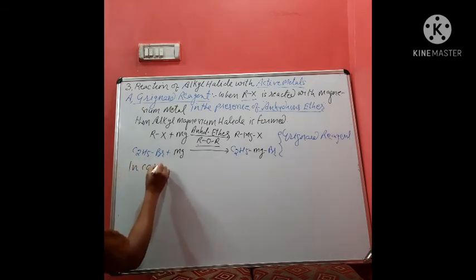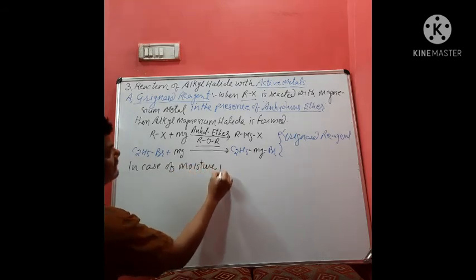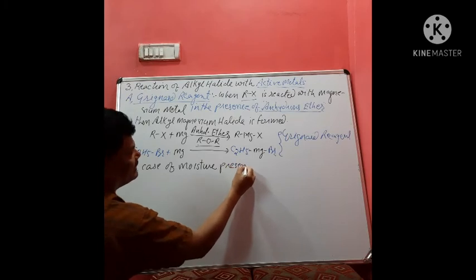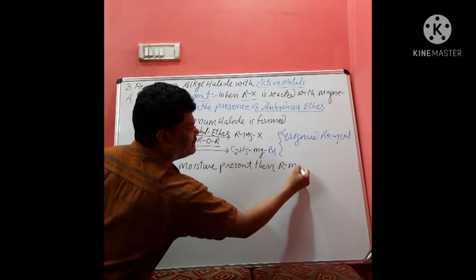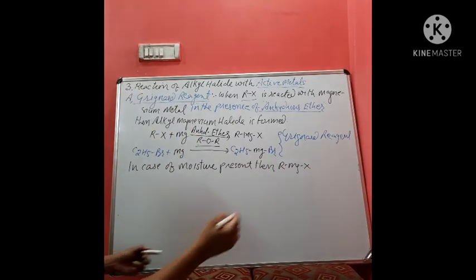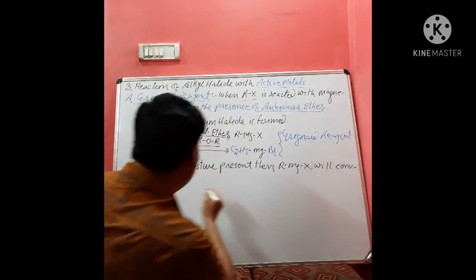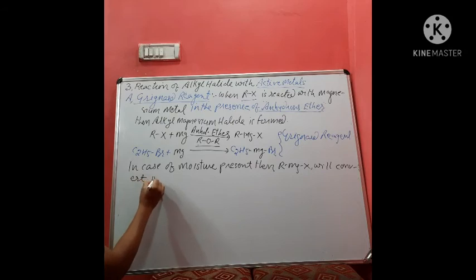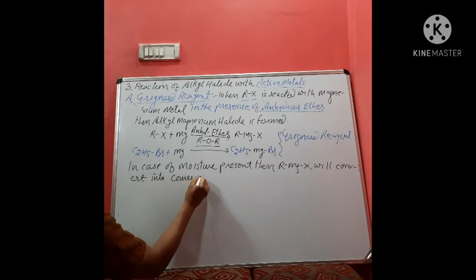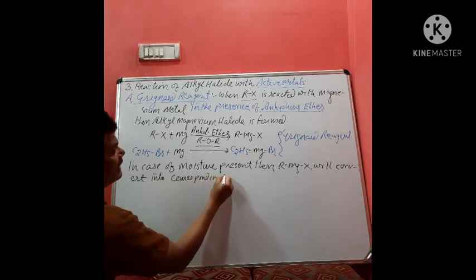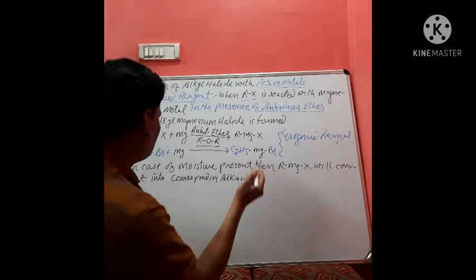How is it? In case moisture is present, RMgX will convert into the corresponding alkane, that is, it will be reduced.